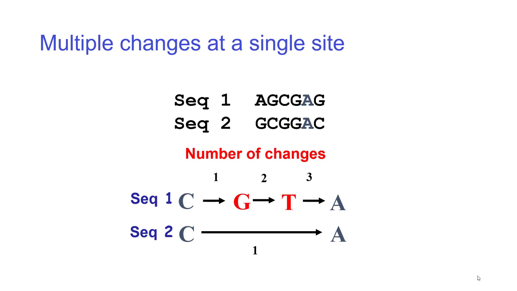Now, what Jukes-Cantor doesn't deal with is very long distances. Here we've got two sequences, and we're just going to look at the position A in the two sequences. That's the same in both of them.